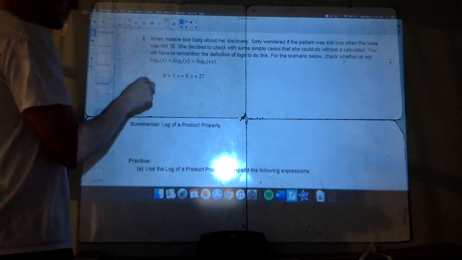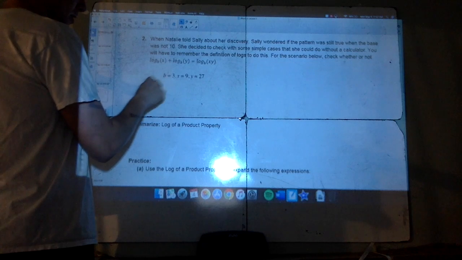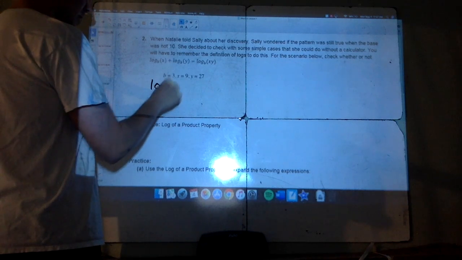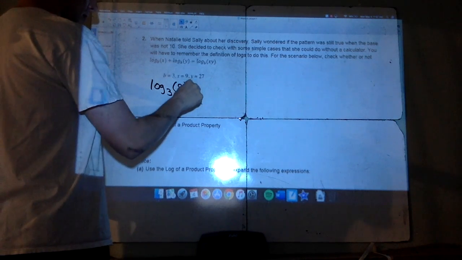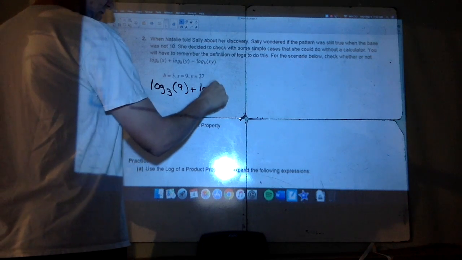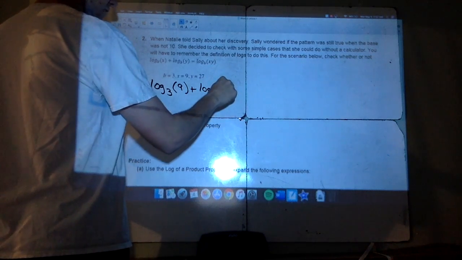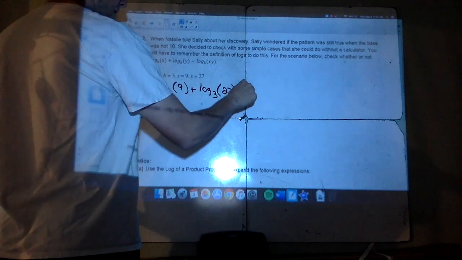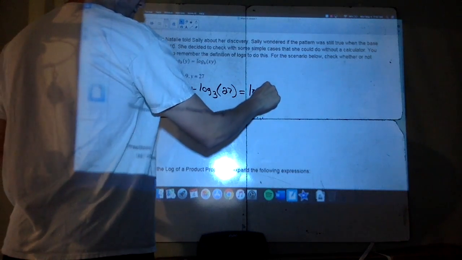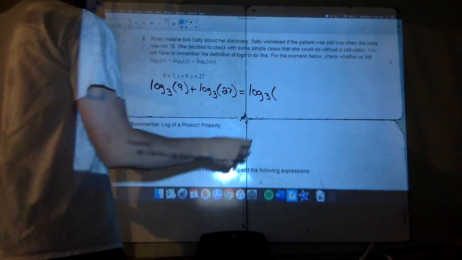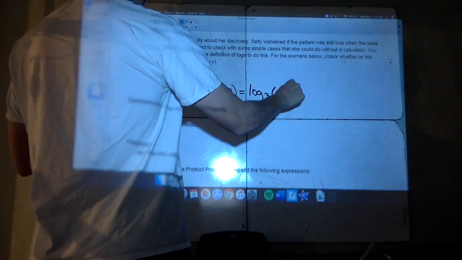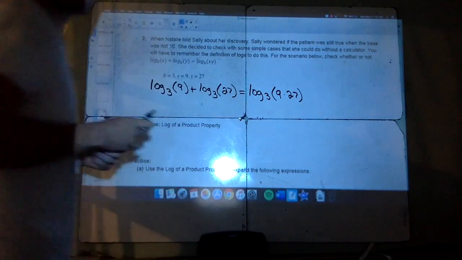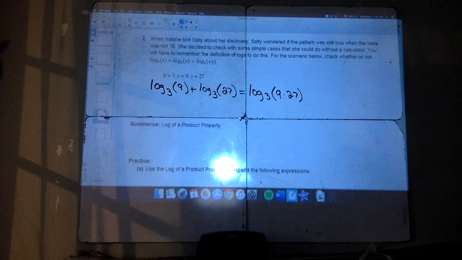So here, we have log base 3 of 9 plus log base 3 of 27 equals log base 3 of 9 times 27. So take a moment to write that down, and then we're going to use that going forward.